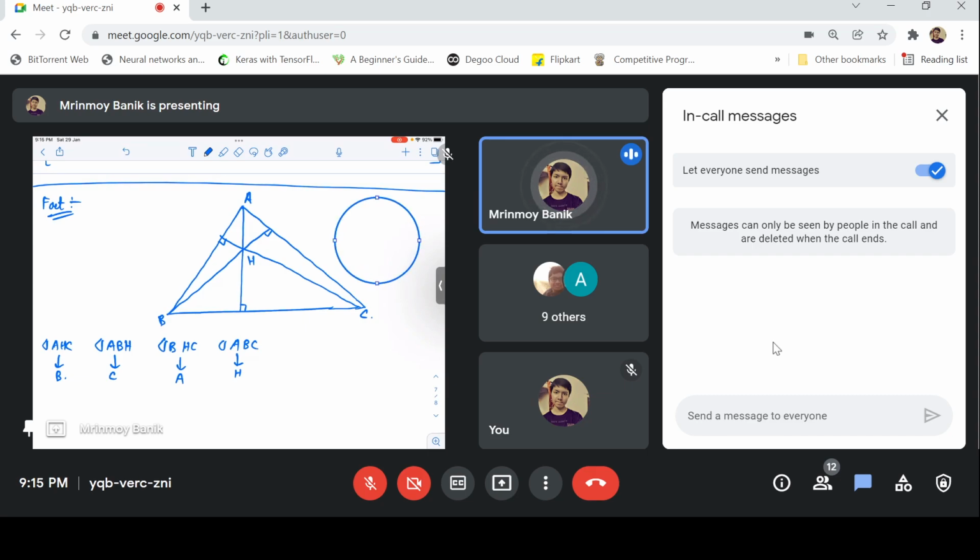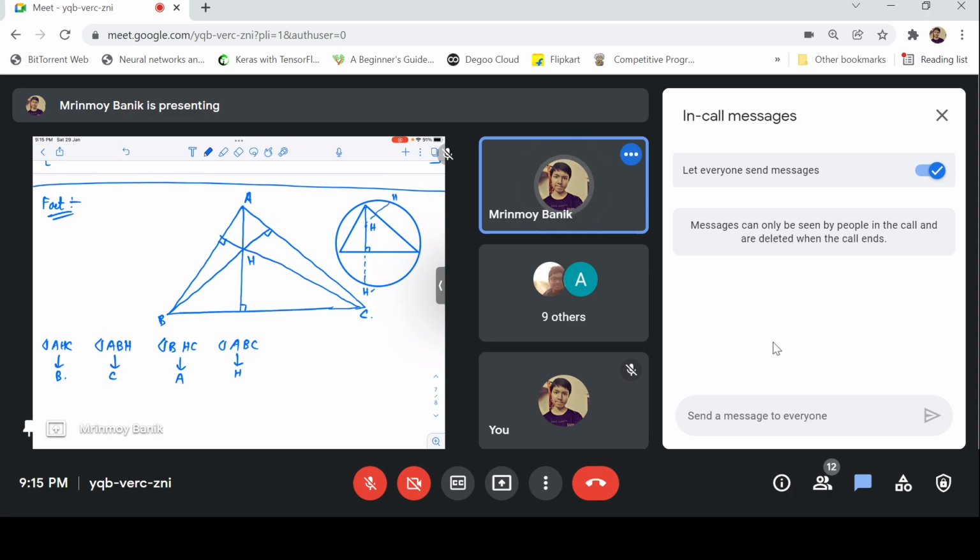And also, if you reflect the orthocenter, suppose this is the orthocenter, with respect to the base BC of the triangle, then the reflection point will lie on the circumcircle.